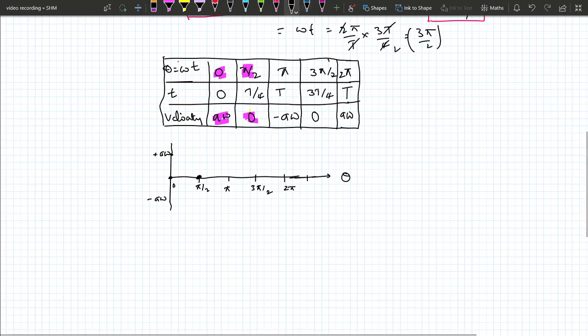Then after that I have theta equal to pi. This is minus a omega. So at this point it is minus a omega.